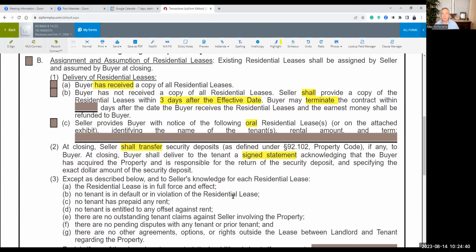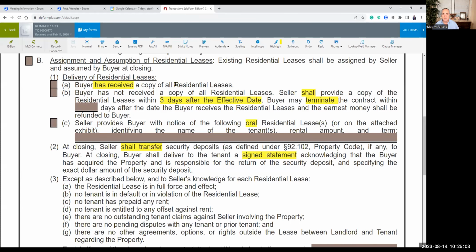So if we're selling a property that has a tenant in it, what we're supposed to do is have this, it's 1 to 4, right? If you're doing commercial, that's a whole different ballgame. But on the 1 to 4 family, what we do is we attach this addendum to the 1 to 4, right? And then it says the buyer has received a copy of all leases.